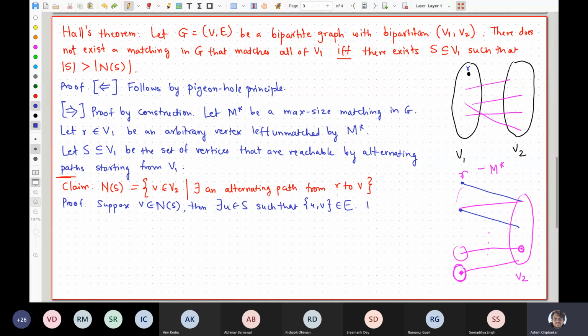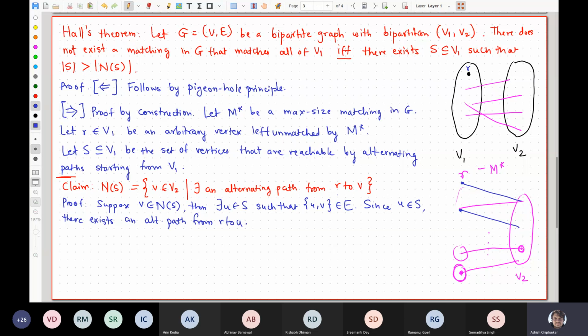Since U is in S, what is the definition of S? That says that there exists an alternating path from R to U.